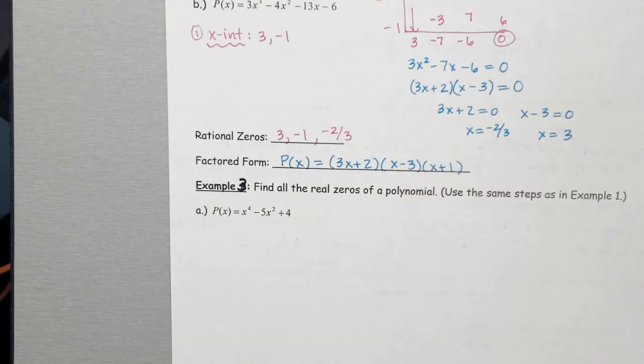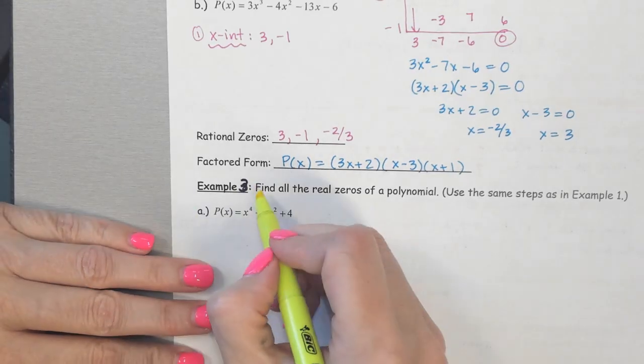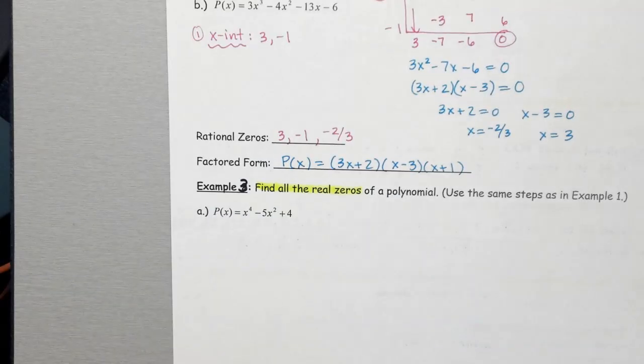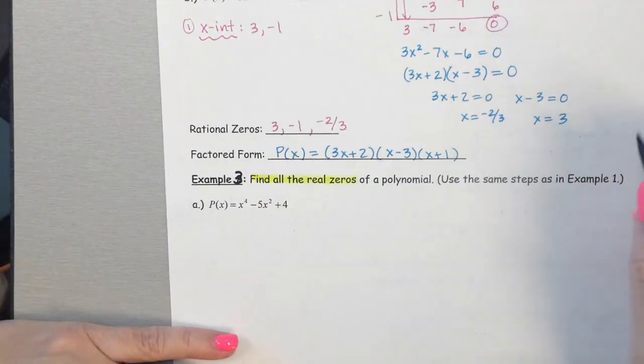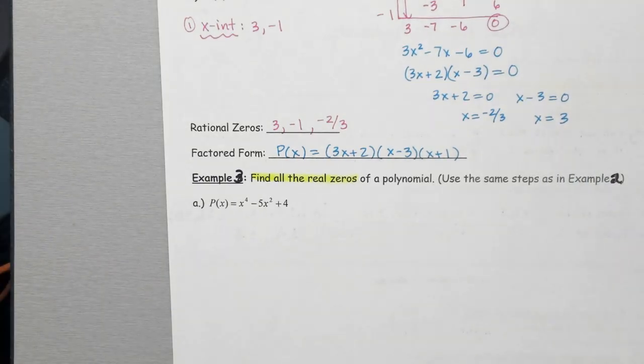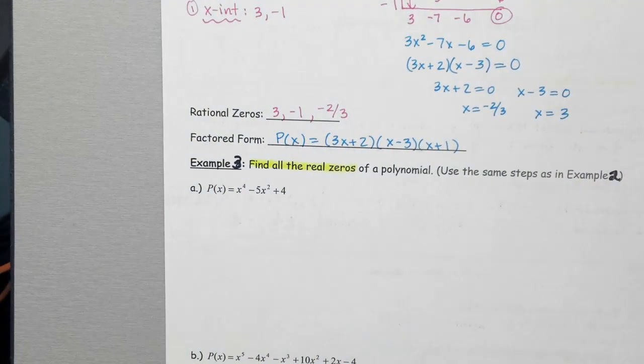Okay, so here it says find all the real zeros. We're going to use the same steps. Oh, just kidding. It shouldn't say example 1, it should say example 2 now. I may have added another example. So when you're finding all of the real zeros, that includes irrational as well as rational zeros.